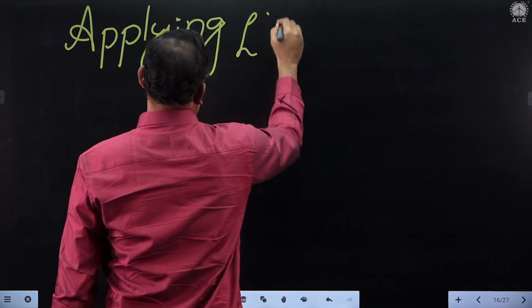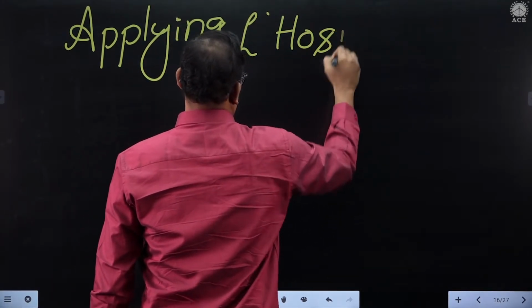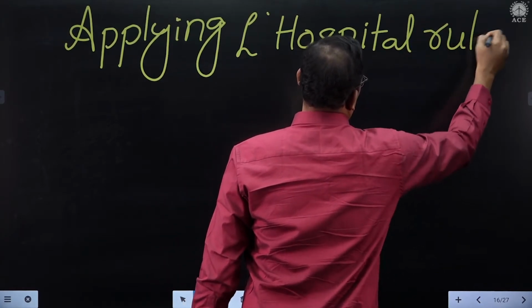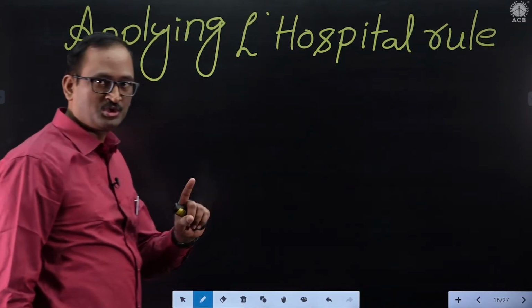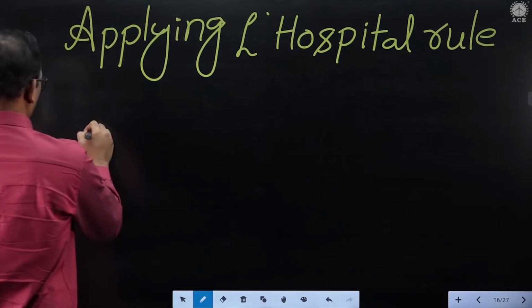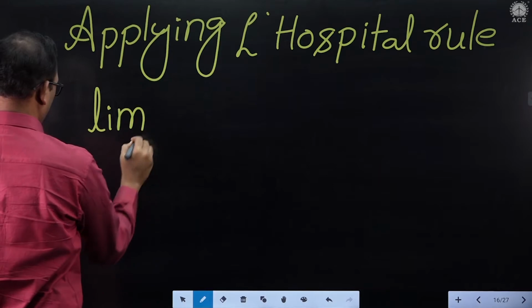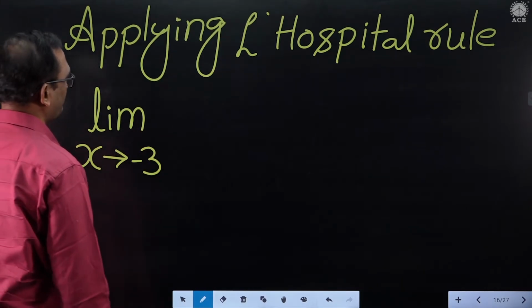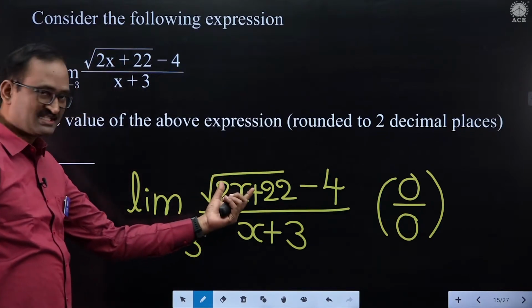Applying L'Hospital rule means differentiate both the numerator and denominator with respect to x. So this is limit x approaching minus 3. Treat it as x.